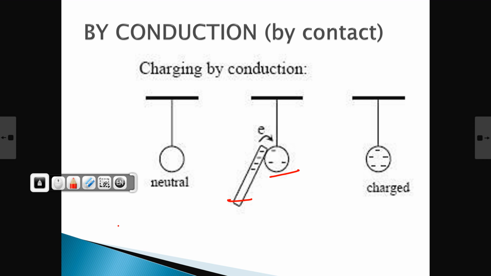Some charge from the charged body flows to the uncharged body. In that way, the uncharged body gets charged. This method is known as conduction, also known as charging by contact. This method is used to charge conductors.